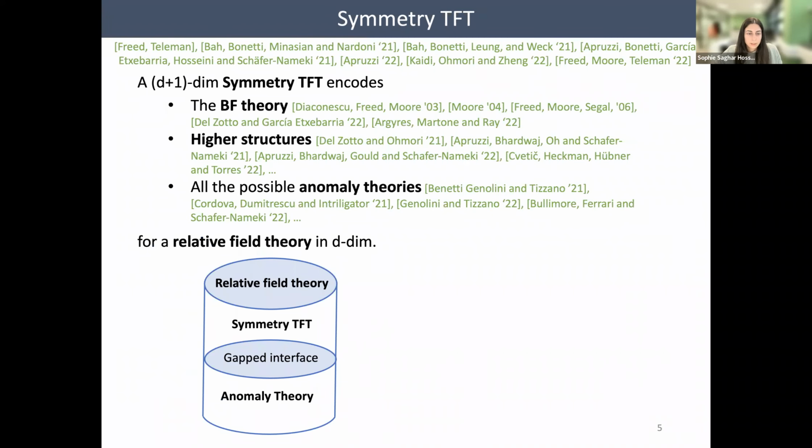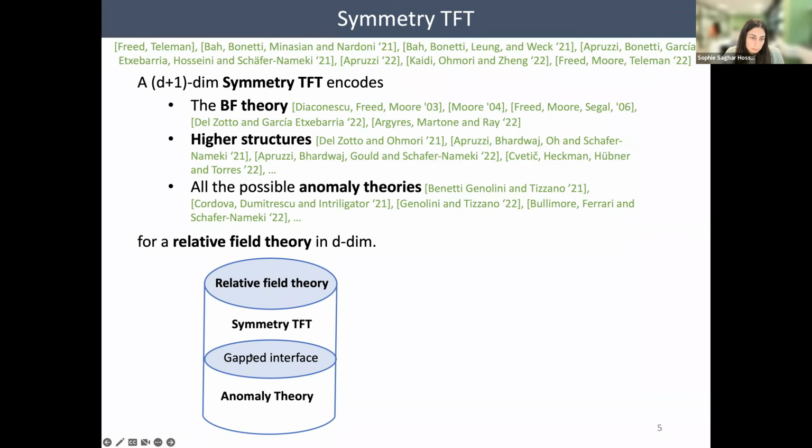Okay, so the symmetry TFT is a D plus one dimensional topological field theory, and it encodes information about the BF theory, which tells us about these choices of global structures. The higher structures include higher form symmetries, higher group symmetries, or more general categorical symmetries. And it also tells us about what possible anomalies our theories can realize.